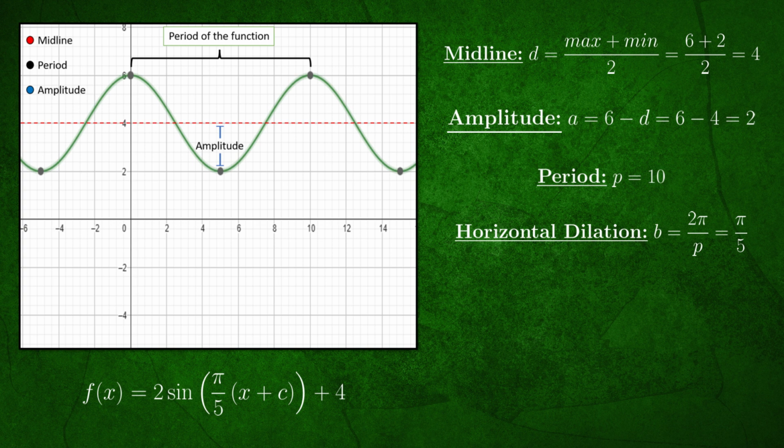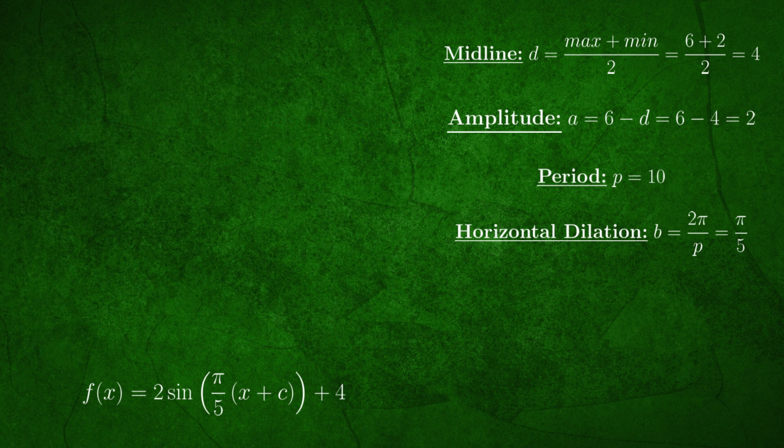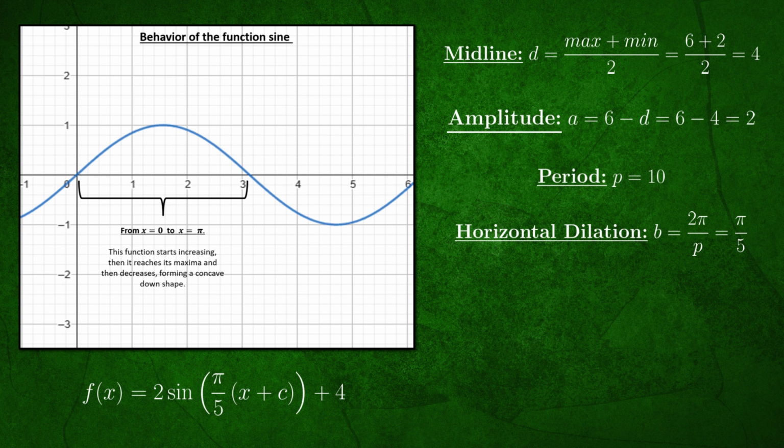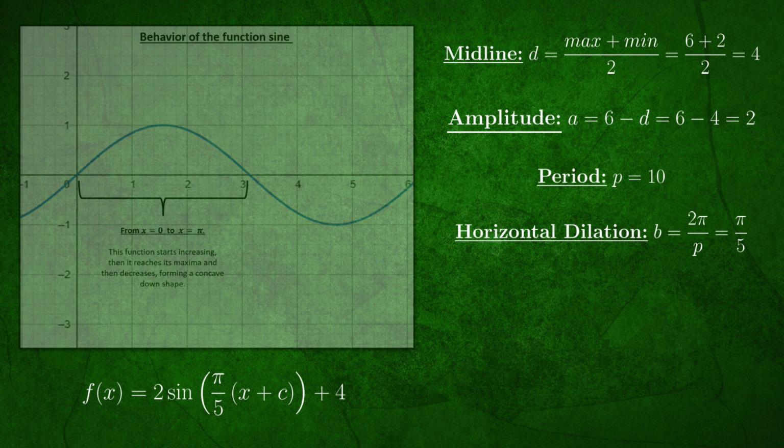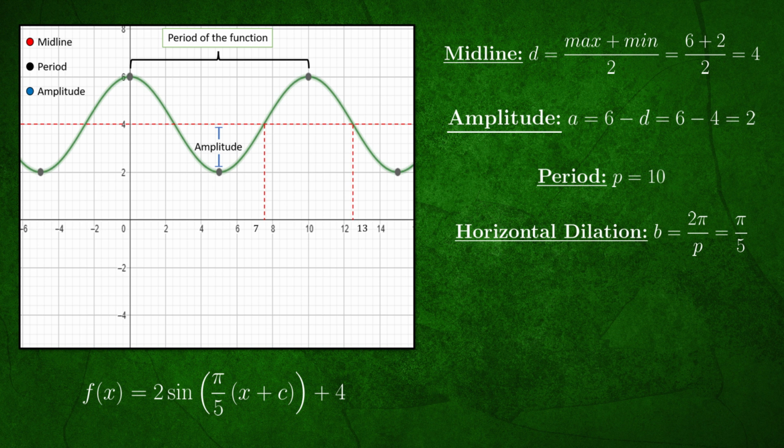We need to figure out the value of c. Now, let us consider the function sine of x, and notice that it starts at x equals 0 and it increases until it reaches the maximum, forming a concave down shape. This specific description happens for our particular graph at x equals 7.5.